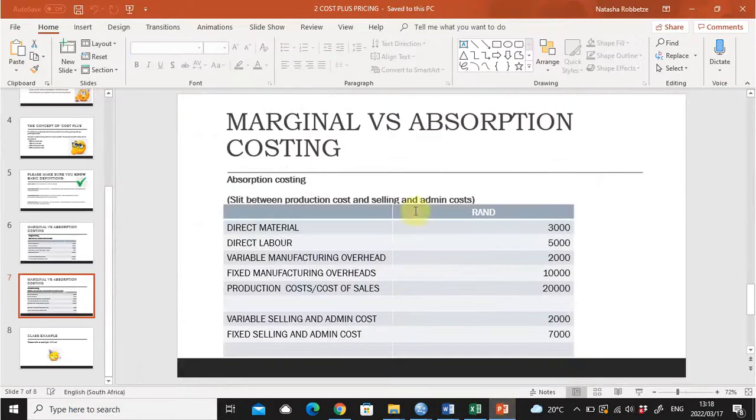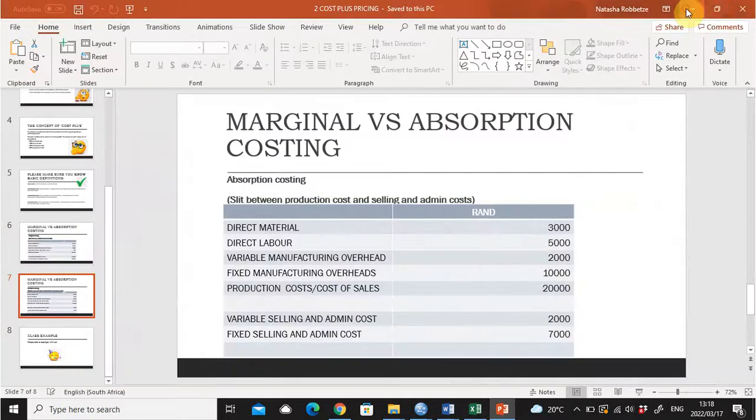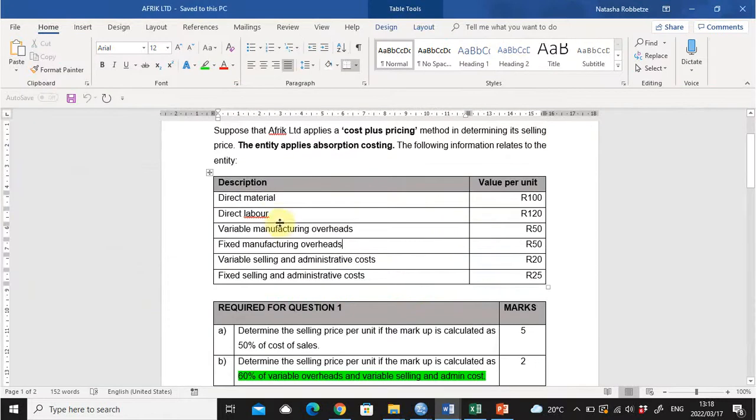So if we go back to the slides, you will observe that for absorption costing, the cost of sales is calculated as direct material plus direct labor plus variable manufacturing overhead plus fixed manufacturing overhead, which results in a total of cost of sales. So for the purpose of this question, we are then going to say that the direct material is 100 Rand, the direct labor is 120 Rand.